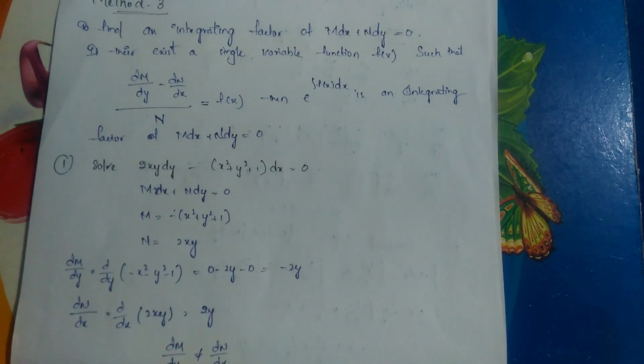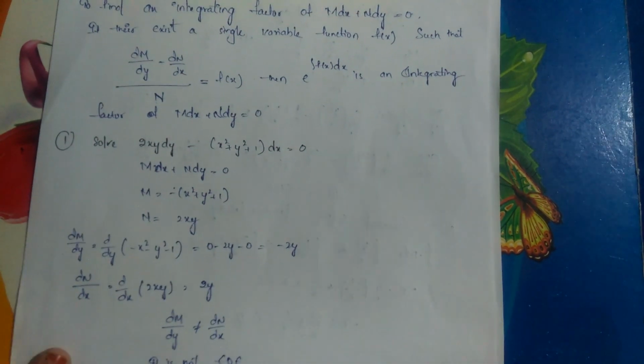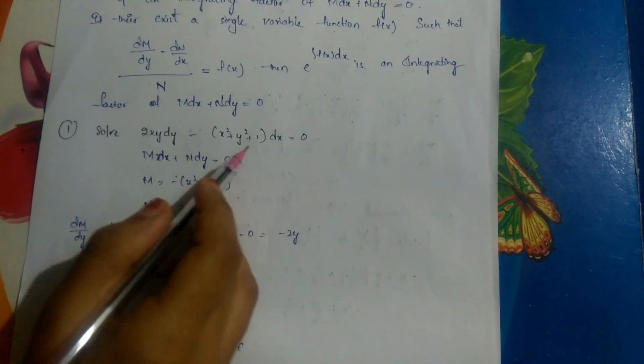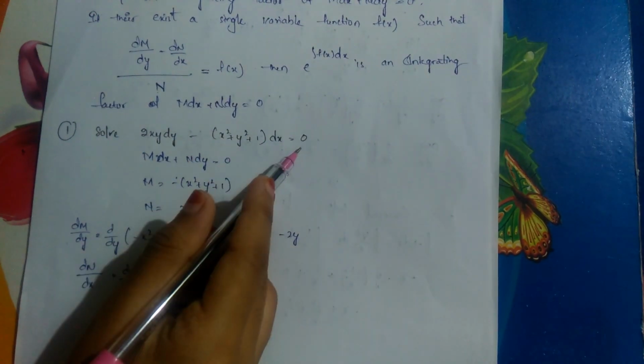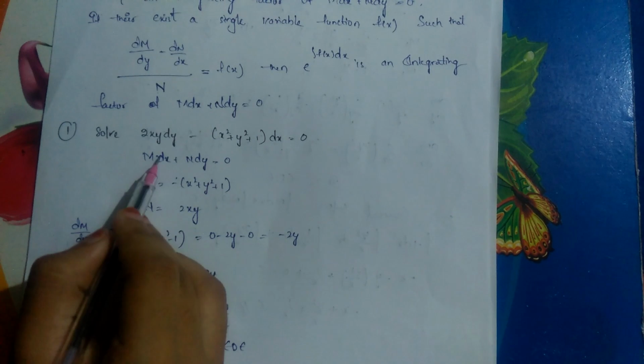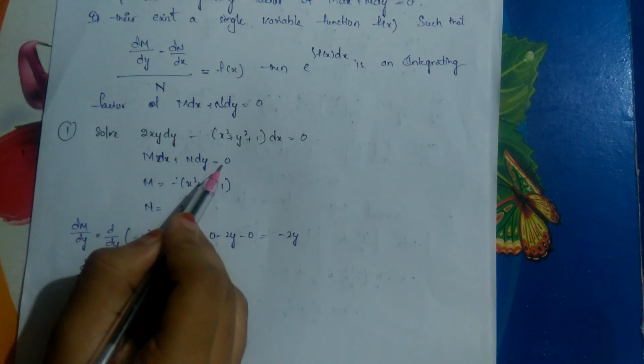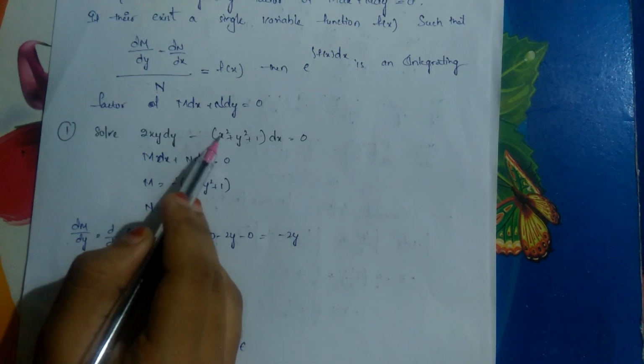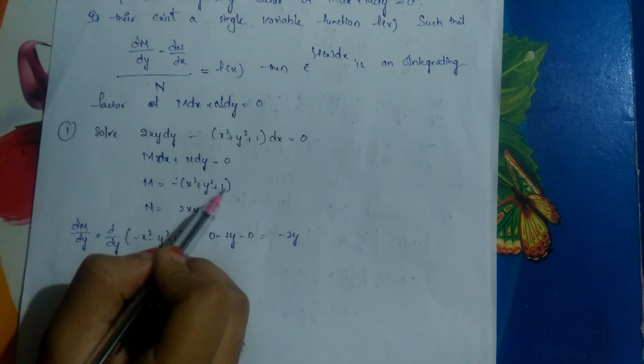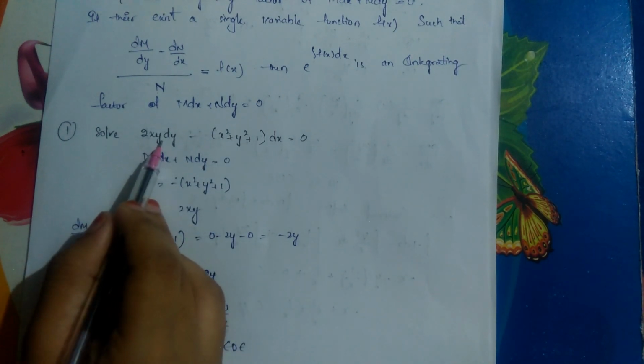First question is solve 2xy dy minus (x square plus y square plus 1) dx equals 0. So here it is in the form M dx plus N dy equals 0, and M is minus (x square plus y square plus 1) and N is 2xy.